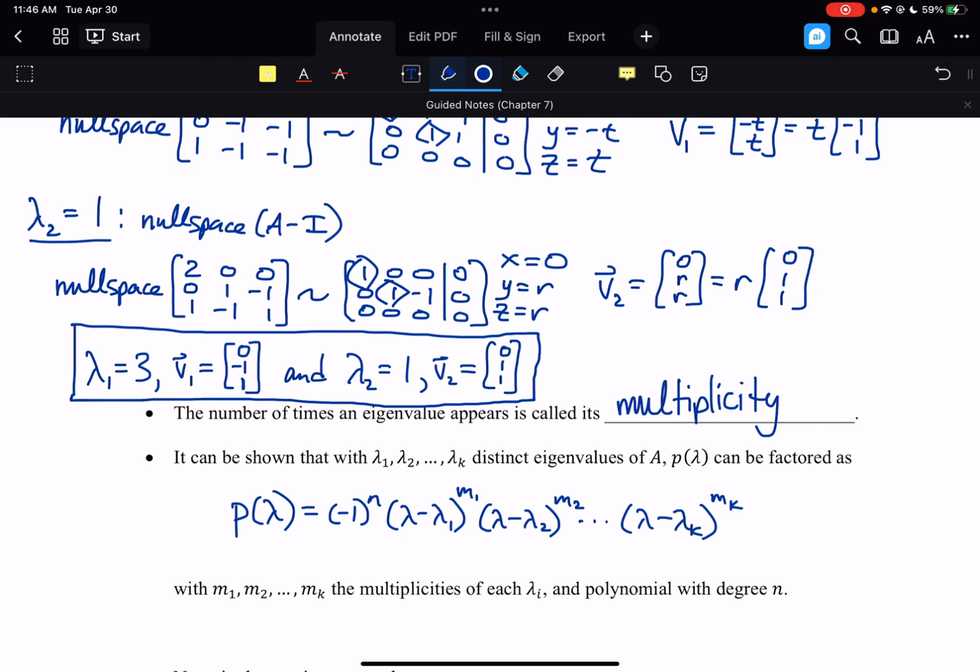So instead of writing lambda minus 3 times lambda minus 3, we would just put lambda minus 3 squared, right? Eigenvalue of 3, multiplicity of 2.